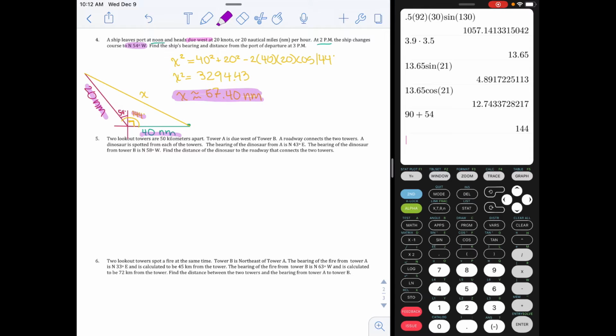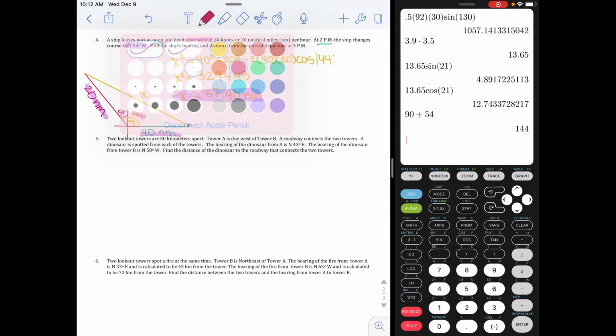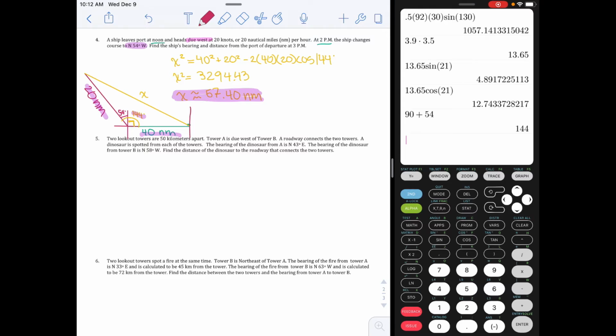Now I need to find the bearing from the port of departure and then at 3 p.m. So what does that mean? From the port, guys. Right here is the port. That's where we started, and I want to connect it to the line of the 3 o'clock line, so the coming back one. So I need to know this guy right here. So for me, it's a little bit easier to figure out what are my directions.